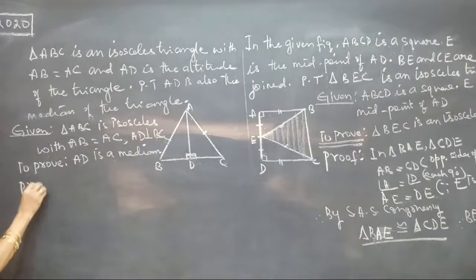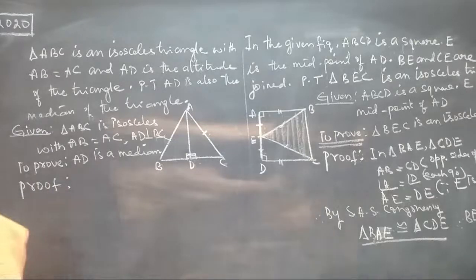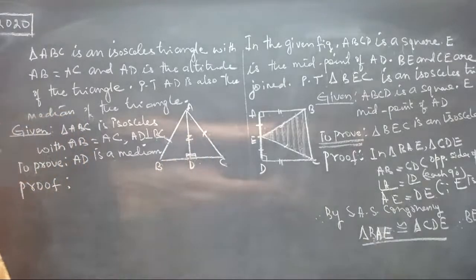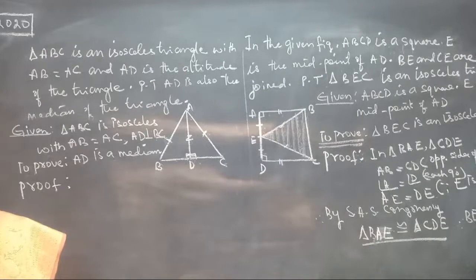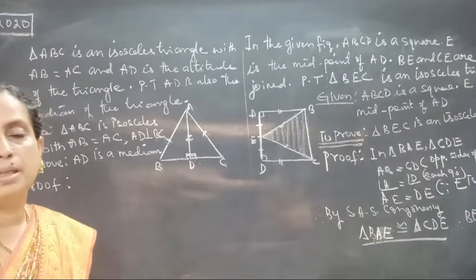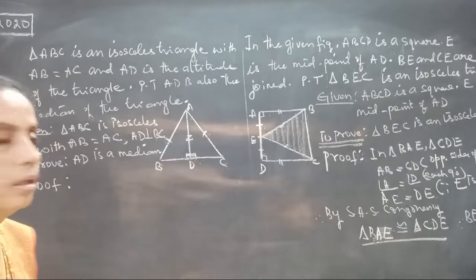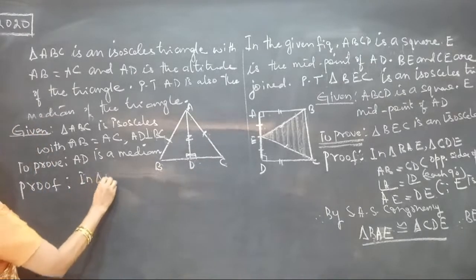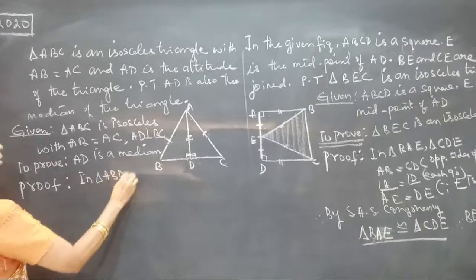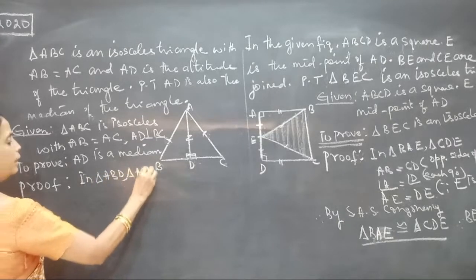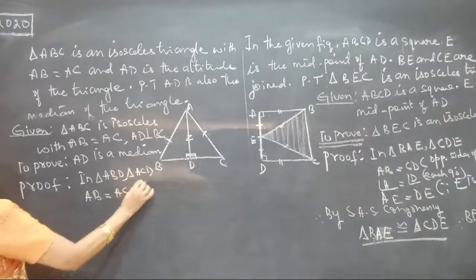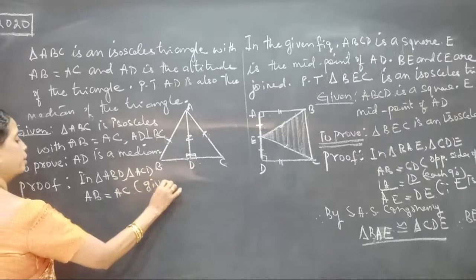Proof. Those who can, you can write the proof by using RHS, right angle hypotenuse side. Then BD is equal to CD as its CPCT. Therefore, AD is the median. Come on, complete. In triangle ABD and triangle ACD, AB equals AC is given.